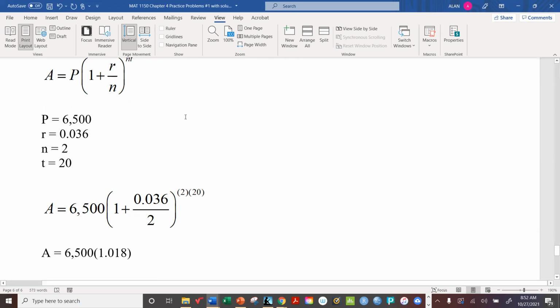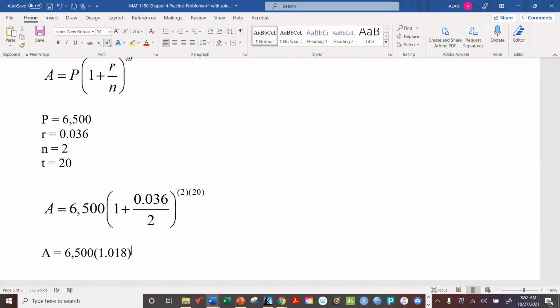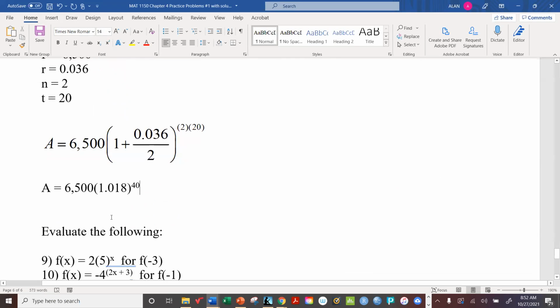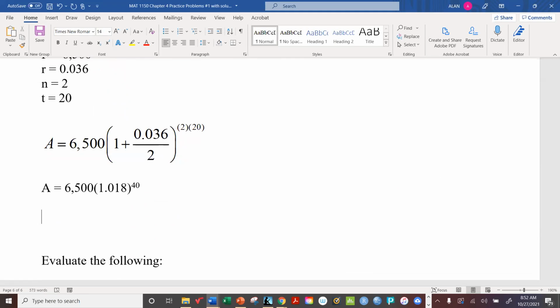It's actually 6,500 times 1.018 raised to the 40th power. All right, and that works out to be $13,268.58.